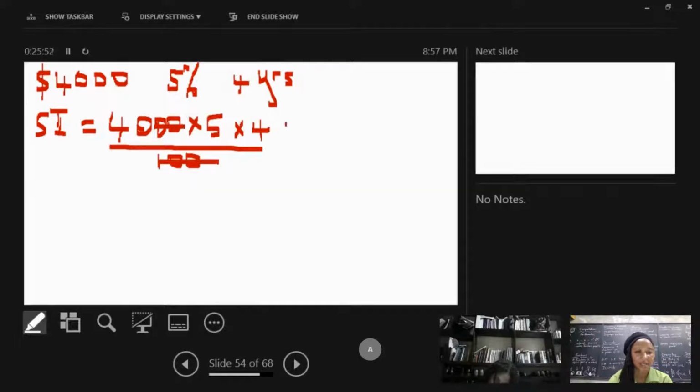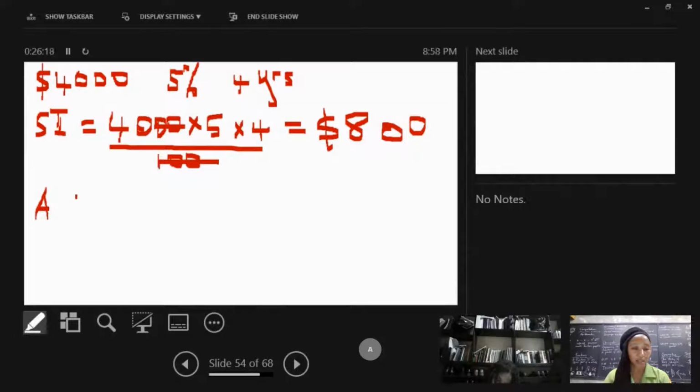So what do we get? 40 times 5 is 800. So $800 is the simple interest. And what's the amount accruing? How much would you get back at the end? Oh, sorry. This is 3,200.